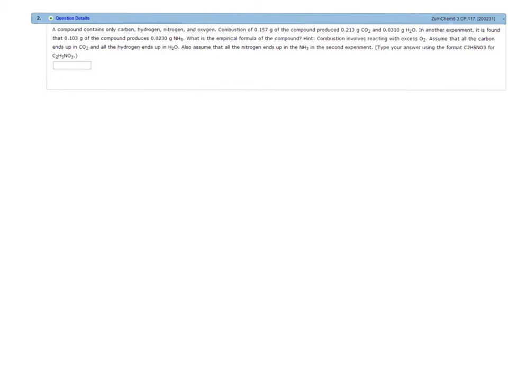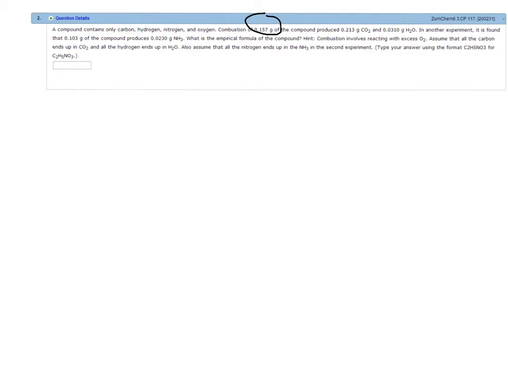And then we can subtract each of the masses that we find from the unknown mass, which they tell us in the original problem was 0.157 grams of the unknown, and we'll get the mass of oxygen. Then, just like the last problem, we'll convert all of those masses into moles, we'll write a provisional formula, and then we'll end up with the empirical formula.